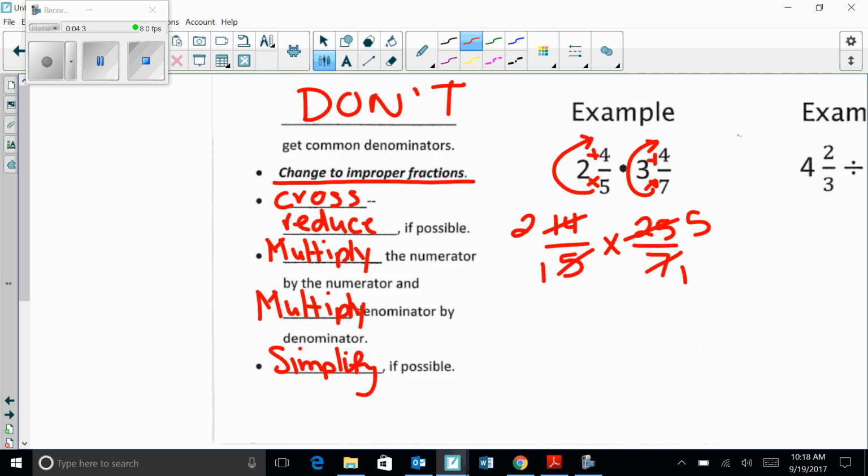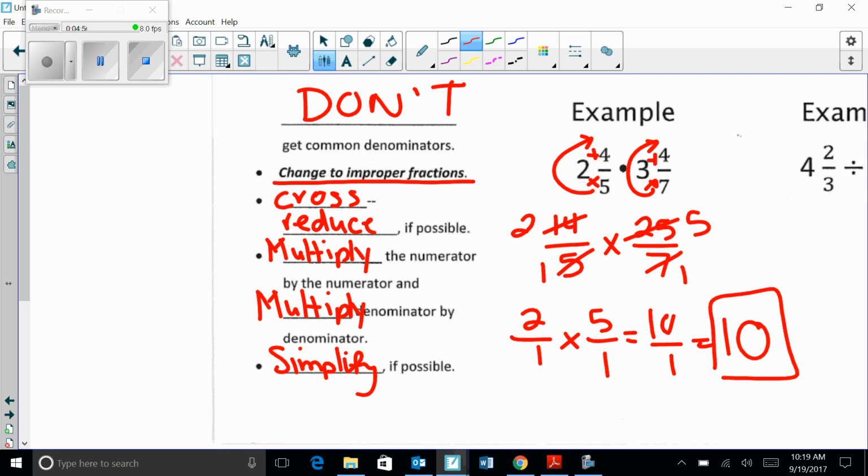So I'm going to rewrite what I have. If you don't need to rewrite the steps, that's fine. You can just multiply across and get your answer. So I have 2 over 1 times 5 over 1, which gives me 10 over 1, and you should know that that means that your answer is 10. So 10 is going to be my answer for that problem.